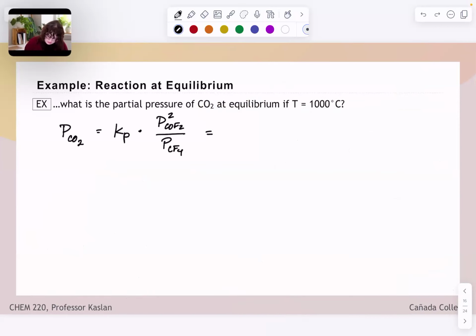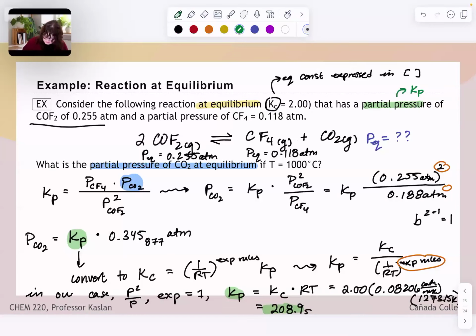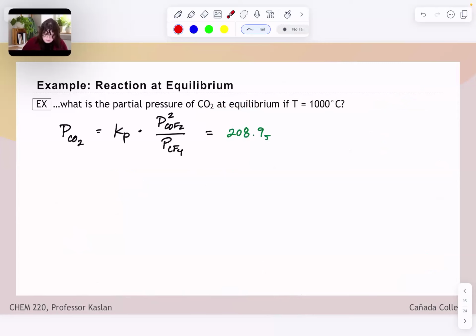So Kp, we know this was 208.95. And then our resulting pressure quotient was 0.345887 atmospheres.